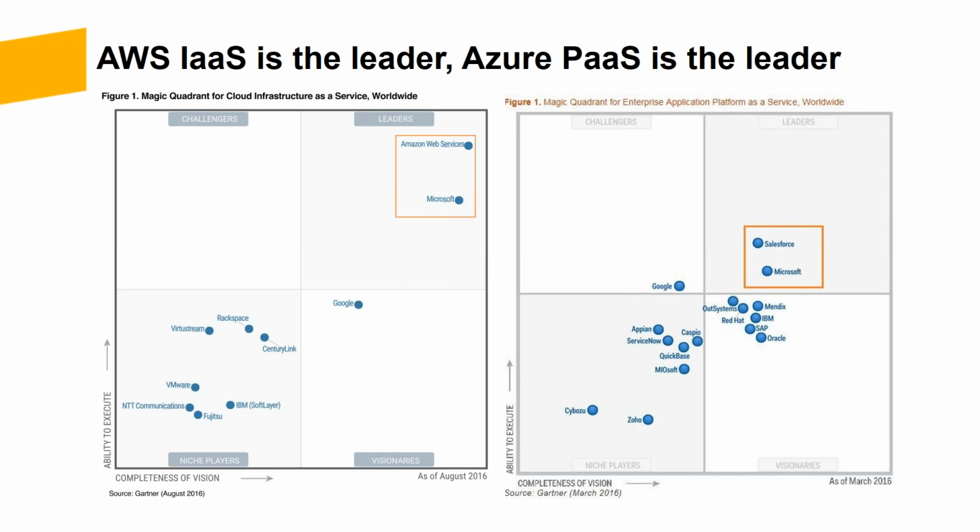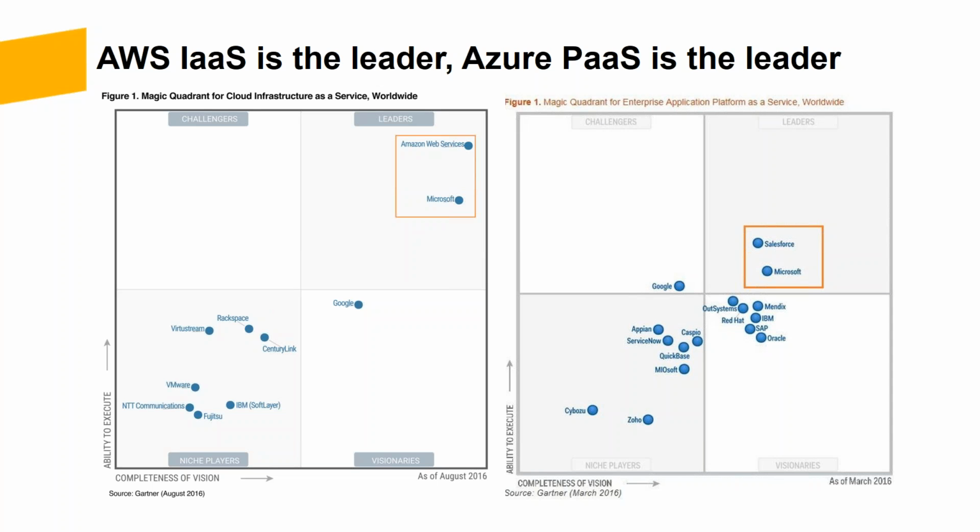And as you see now, this first one is infrastructure as a service. As of August 2016, they put Amazon as the leader in terms of execution and vision. And we see Microsoft a little bit behind on vision, but with more of a gap in execution, right?